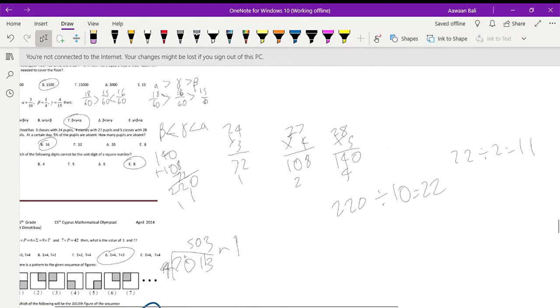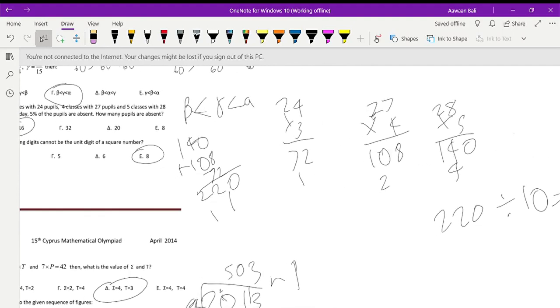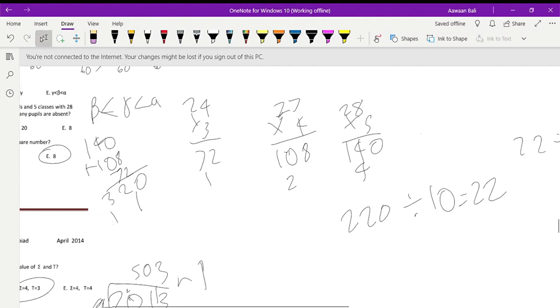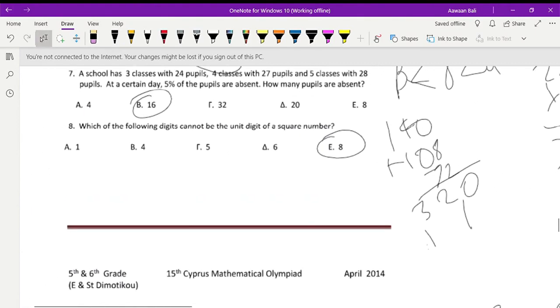And if you do it wrong, that means you must have miscalculated. So here I must have miscalculated. Yes, it was actually 320. So 320 divided by 10 is 32. And then 32 divided by 2 is 16. Therefore the answer is beta 16.